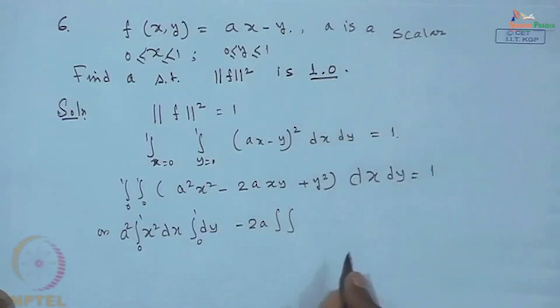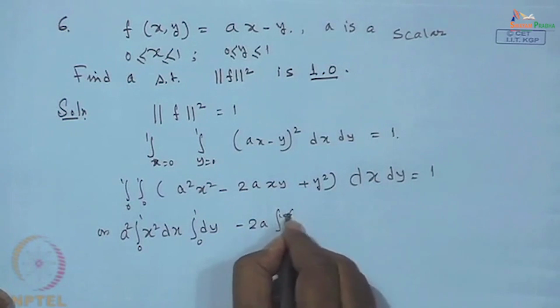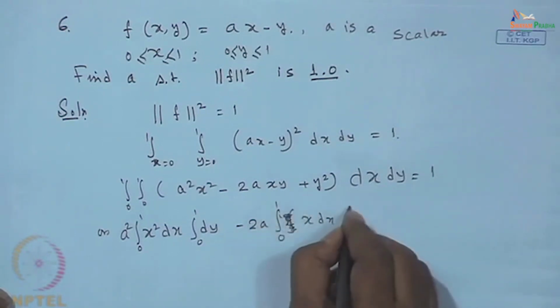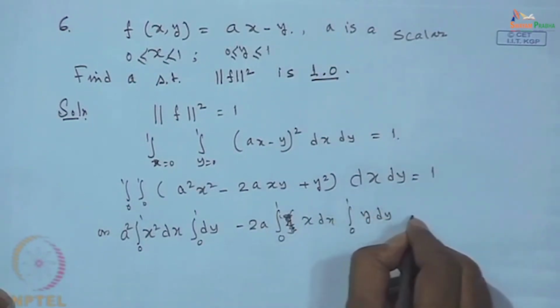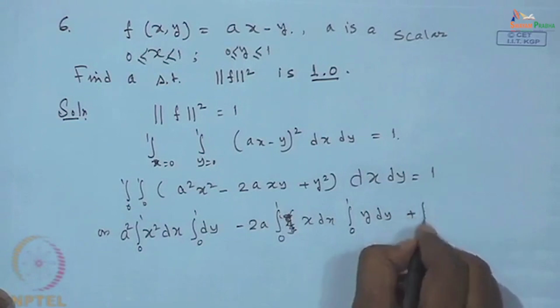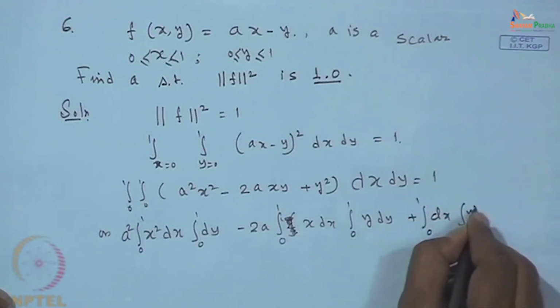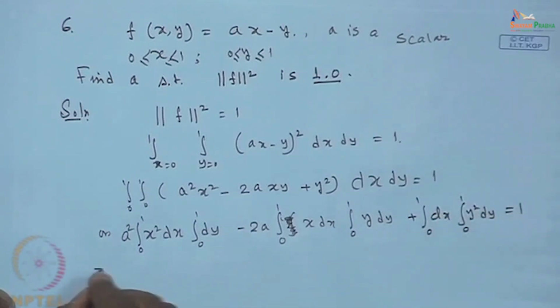We are going to find out the value of a. So, it will be x dx from 0 to 1, y dy from 0 to 1, third term will be plus dx 0 to 1, y square dy from 0 to 1 is equal to 1.